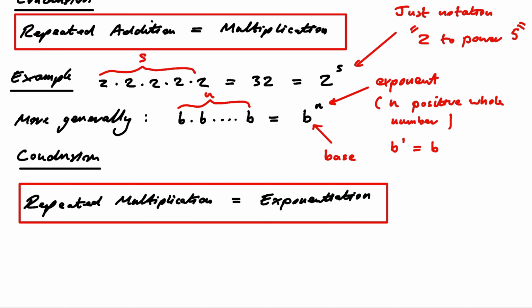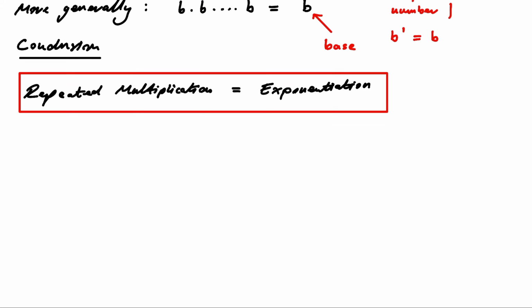All right. So as it stands, this b to the n business only makes sense for n positive whole numbers. Let's think about some of the properties that this notation seems to have. So important properties.